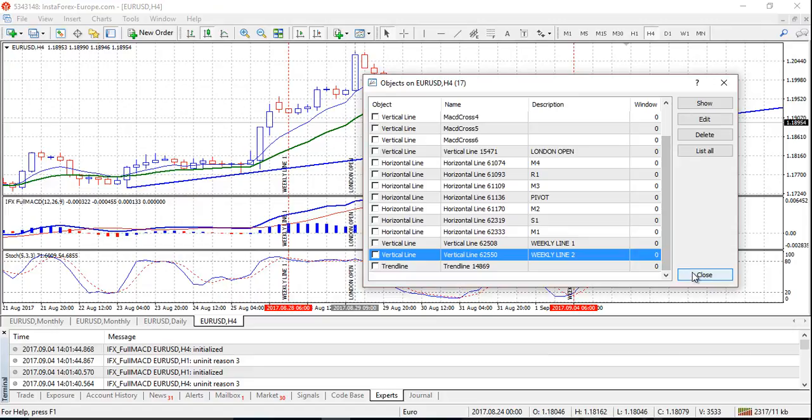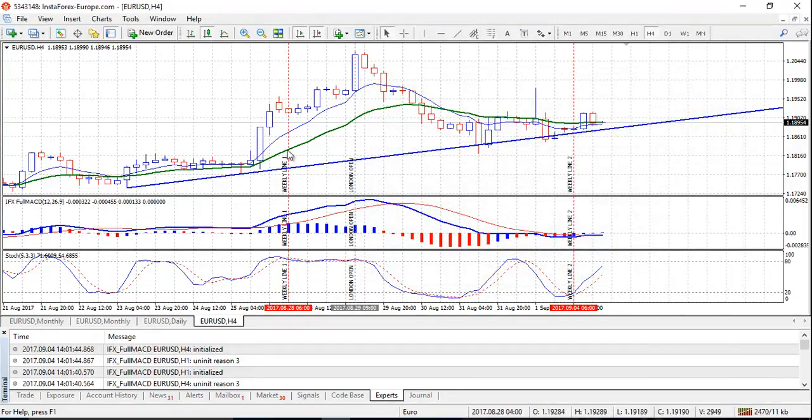So that is my weekly line 1 and line 2. It's a week apart. 28/08/2017, 06. That is 06 a.m. Central African time, CAT, and then today is 04 09 06 00. That is CAT, Central African time.